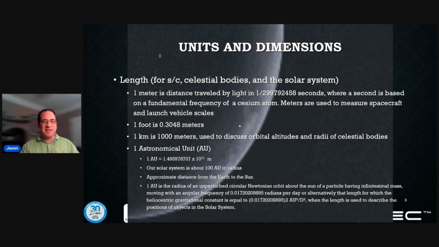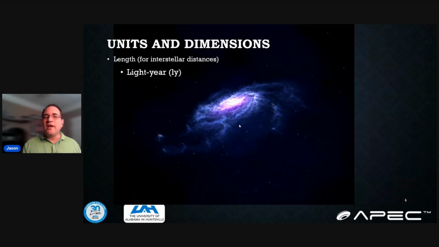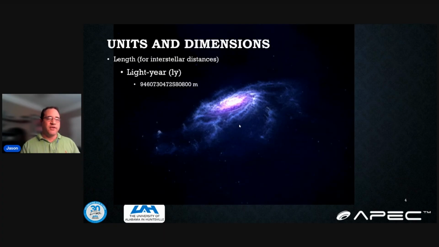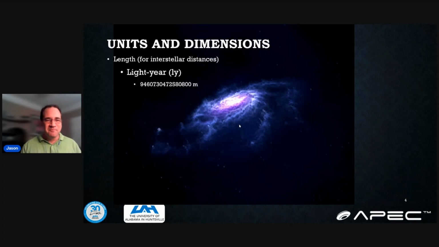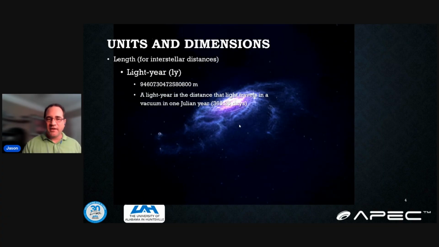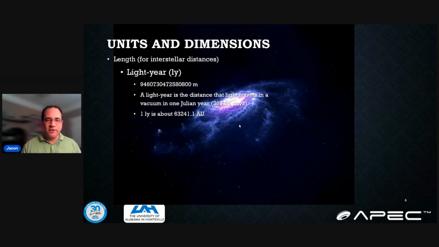So this is just the definition of length scales. For interstellar distances, there's a couple of length scales that are very useful. The light year, of course, which I should have put in scientific notation. Whatever that is in meters. A light year is the distance that light travels in a vacuum in 1 Julian year. So it's about 63,000 astronomical units.